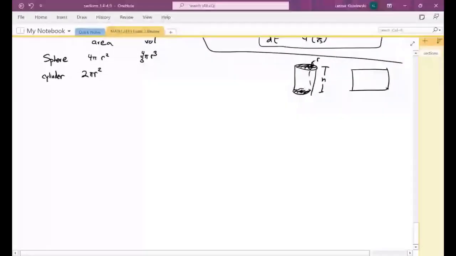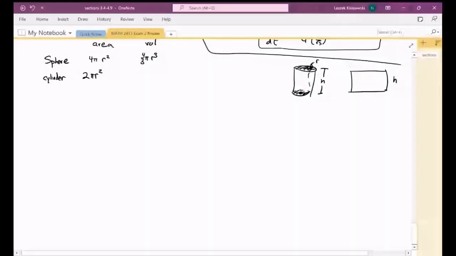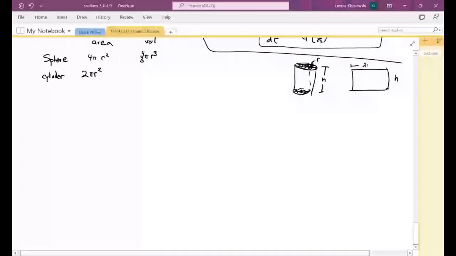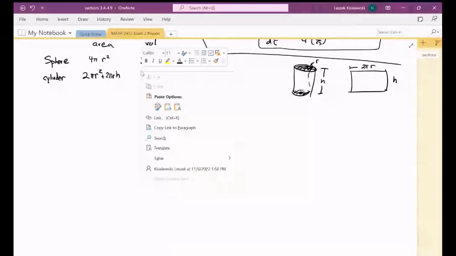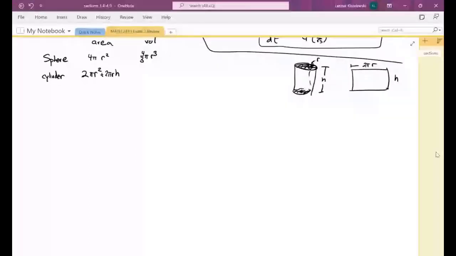With the height, you get a rectangle, and the length of it is just the circumference of the circle, so 2 pi r. And the volume would be the cross-sectional area of the circle, and then the height, like stacking points, I guess.